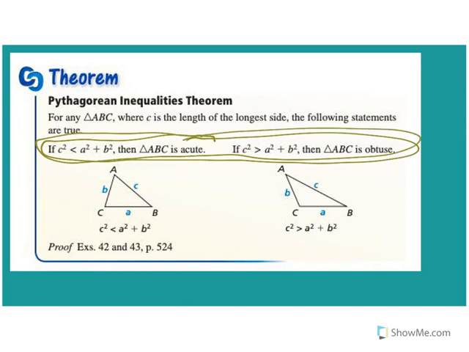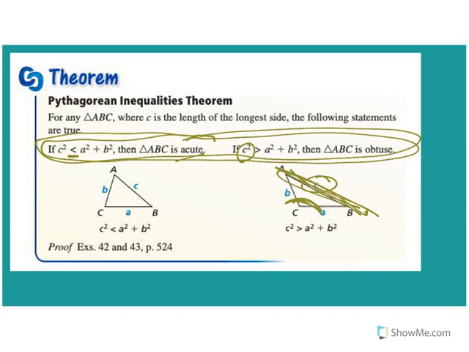Okay, so what this is saying is that if c squared, so if your hypotenuse squared is less than a squared plus b squared, then you get an acute triangle. Okay, if c squared is bigger, it means you've got this really long guy over here, which means you're going to have an obtuse angle, so you have an obtuse triangle.